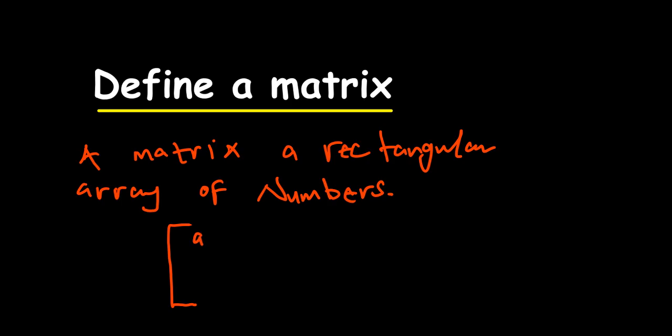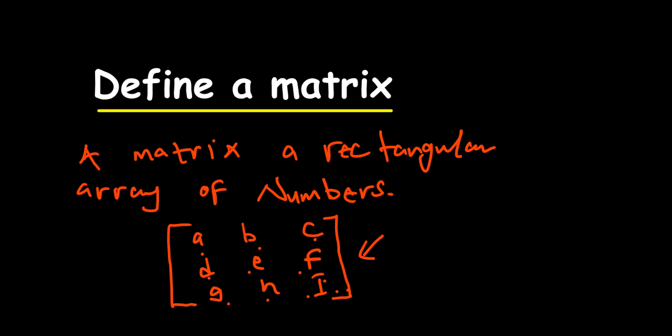So you have your first row there, maybe A B C, and then you have D E F, G H I. This here is in the form of a rectangle, and it has this array of numbers that have been represented by these letters. So this is simply the definition of what a matrix is.